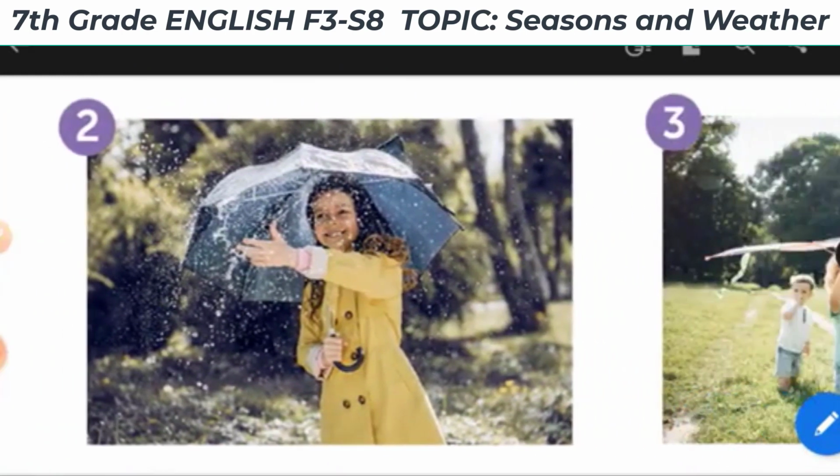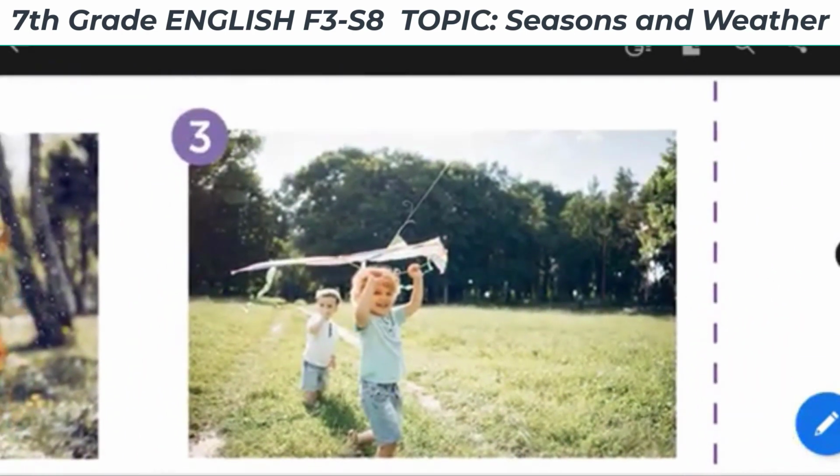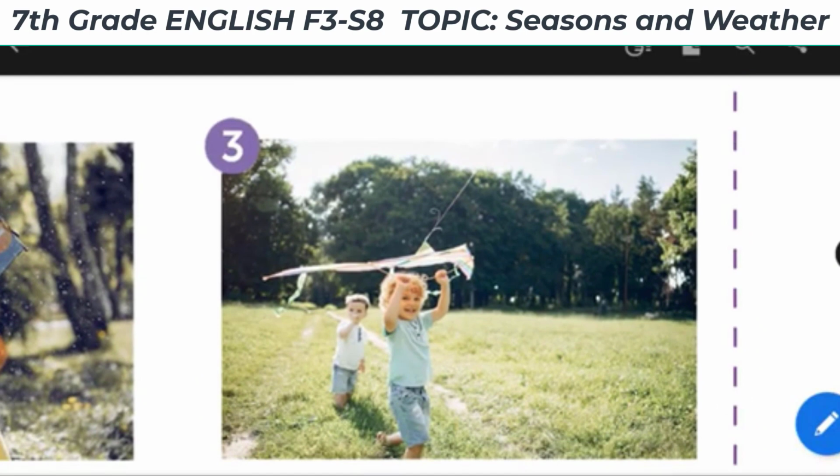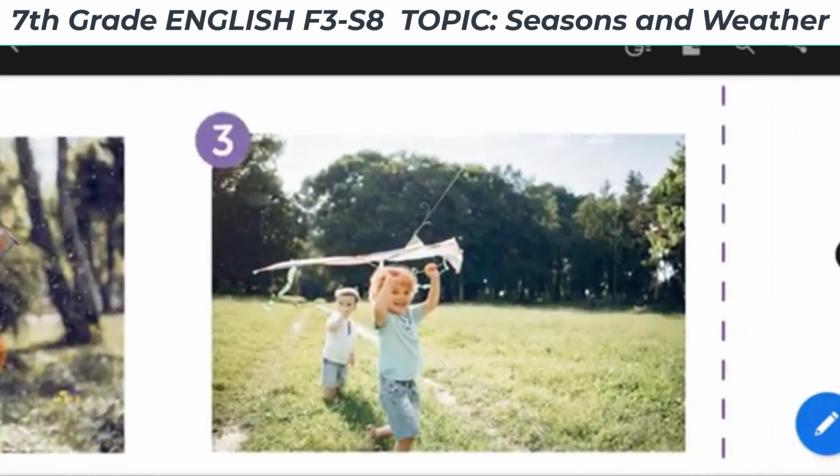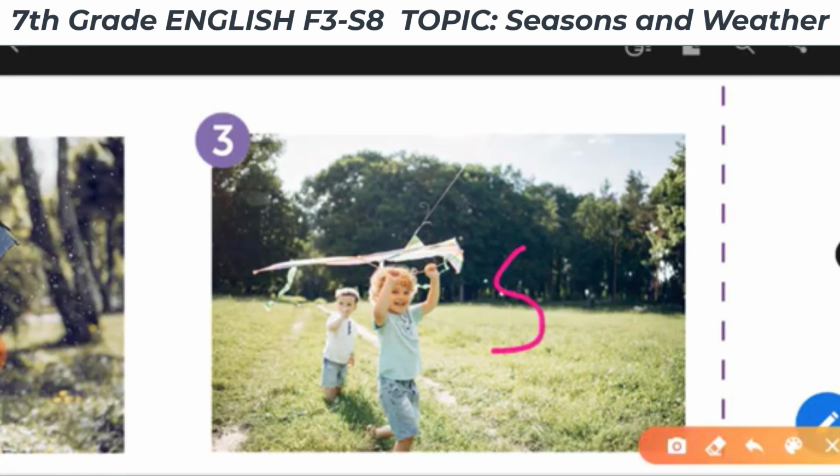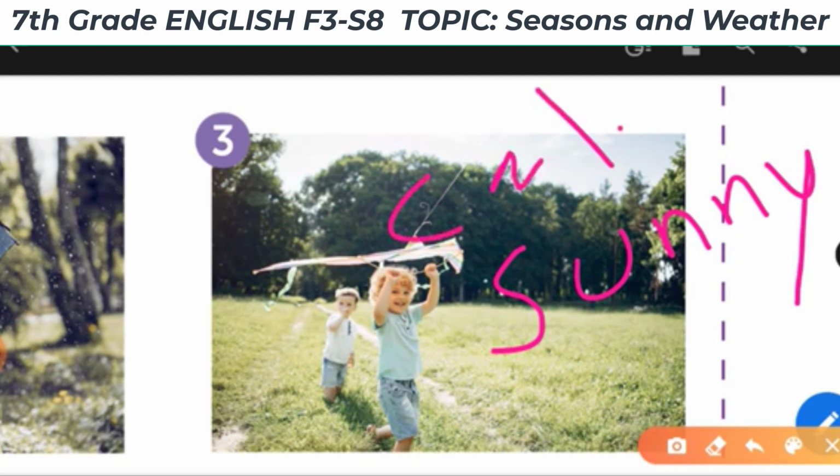Let's have this one. So, the weather and the temperature. The weather, el clima. Okay, aquí está soleado, so it's sunny. Okay? ¿Qué más vemos en el clima? Está calmado, yes, so it is calm.